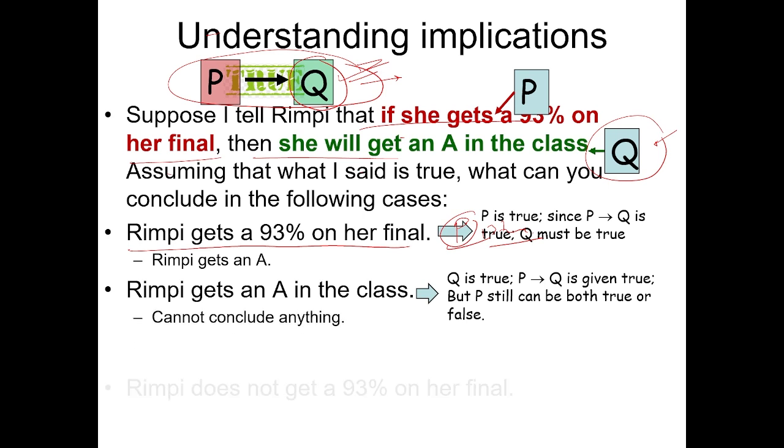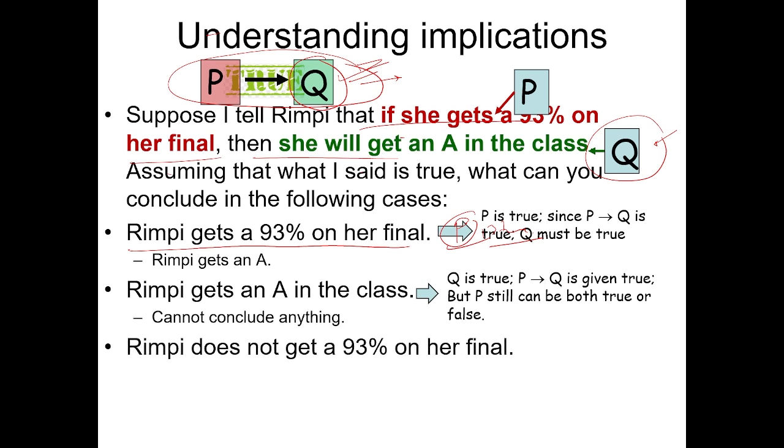Next case: Rimpy does not get a 93% on her final. Which means not P. For this whole statement to be true, Q can be either true or false, right? Because the first premise is false.